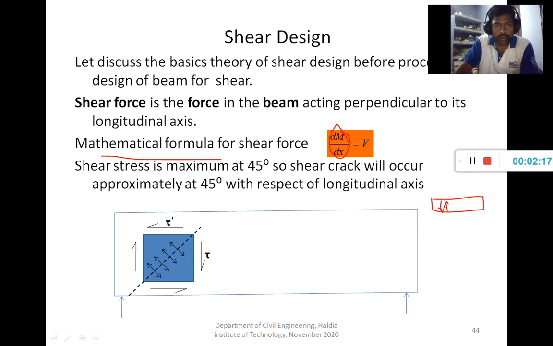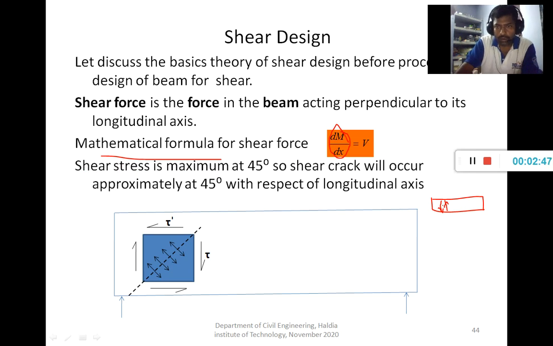And you know that the applied load creates a shear force, and the shear force develops shear stress inside the member. Due to the shear stress, shear cracks are developed, and the shear stress is maximum at 45-degree angle.